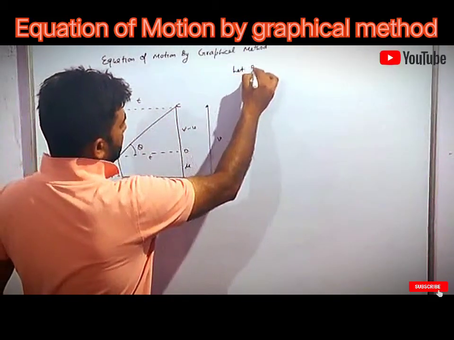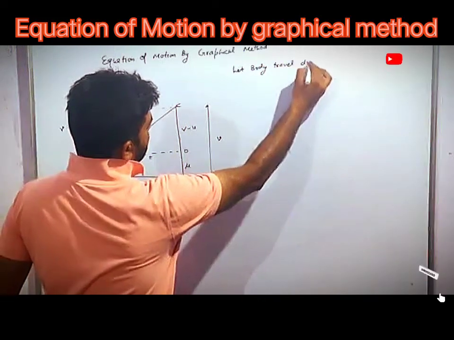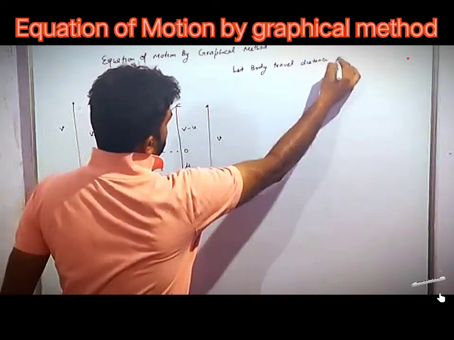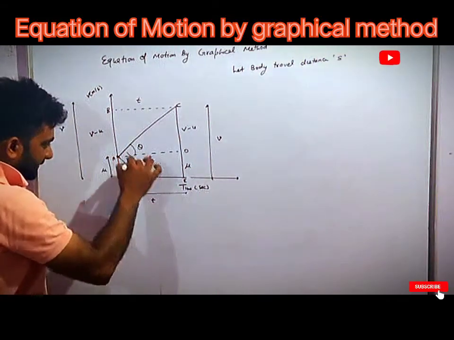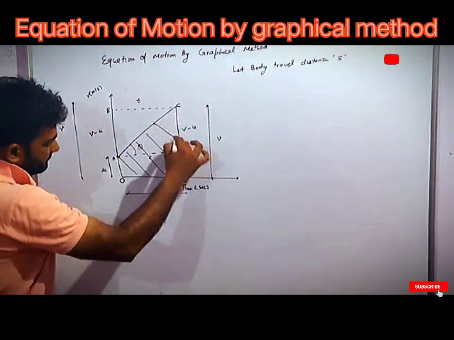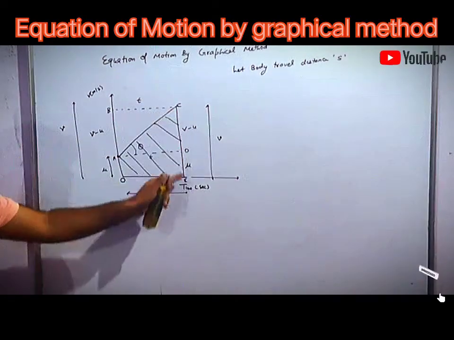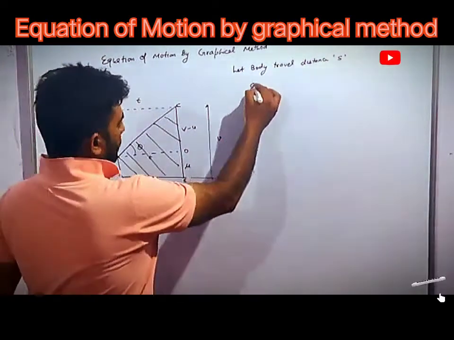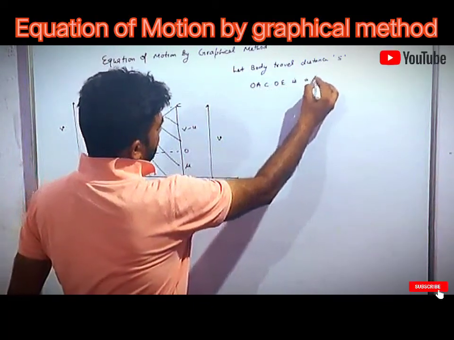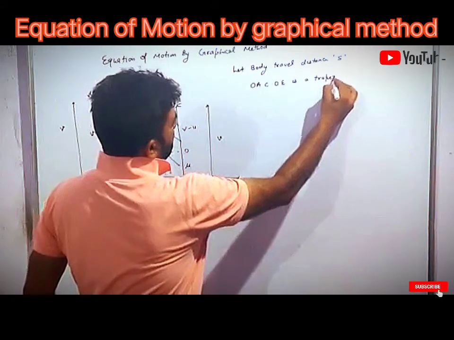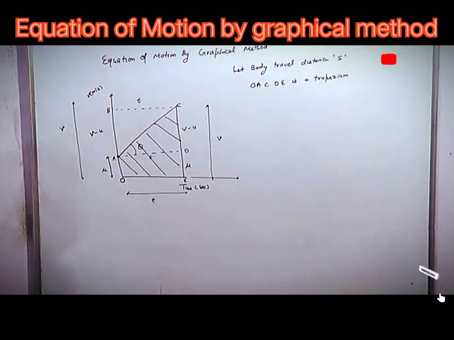Now the second equation of motion. Let the body travel distance S. So the distance traveled by the body is given by this area. Now OACE is a trapezium. If we calculate the area of the trapezium, it will be the distance.